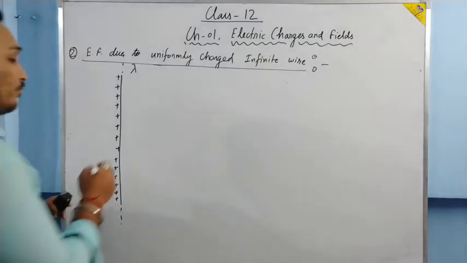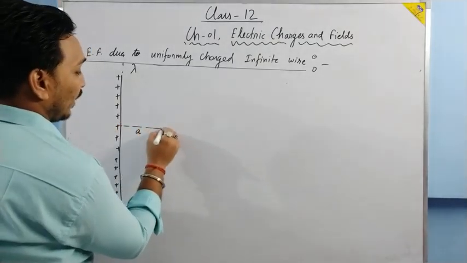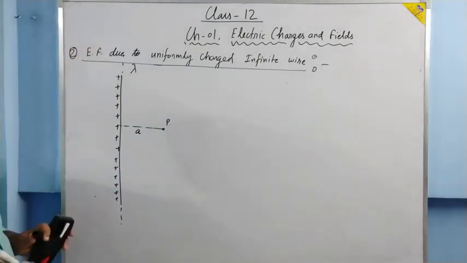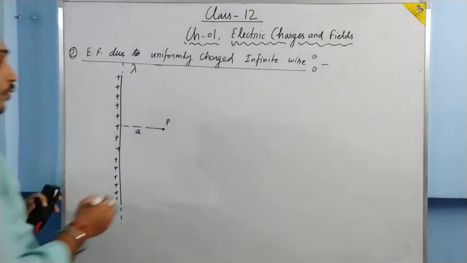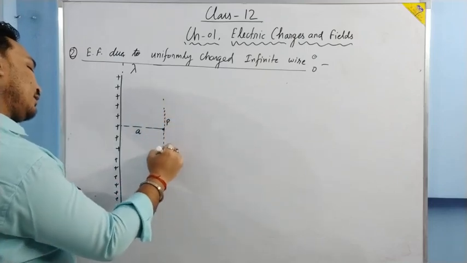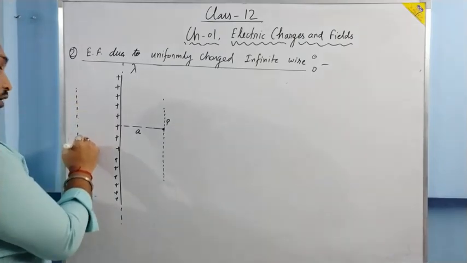It is lambda. At a perpendicular distance A from the wire, there is a point. Let this point be P. We have to find the value of the electric field at this point. What we'll do is take a cylindrical Gaussian surface along the wire.